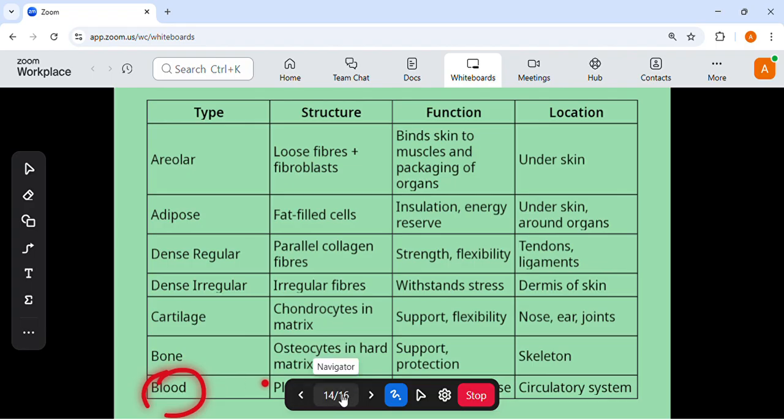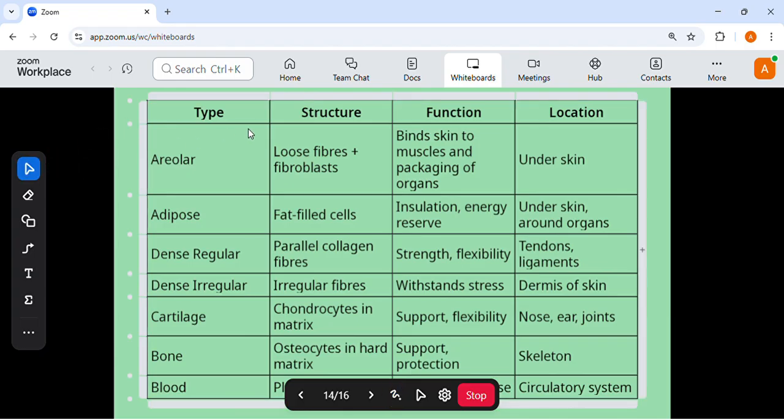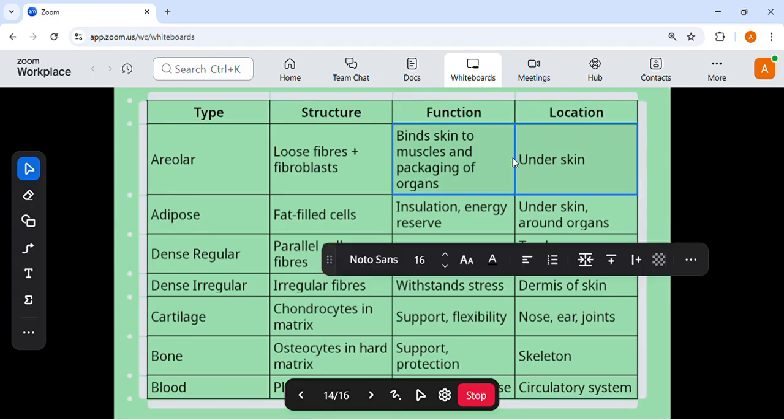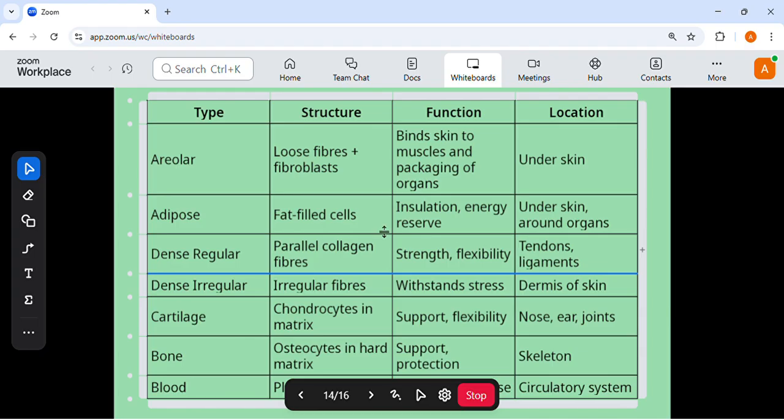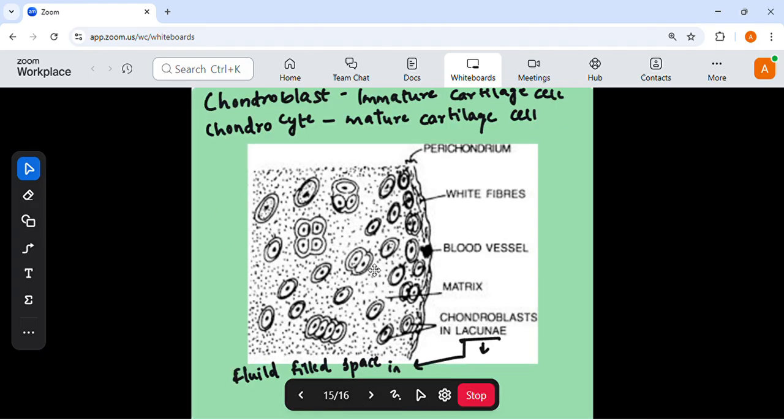Blood: the structure includes plasma, RBC, WBC. The function is transport of oxygen, nutrients, hormones. Location: circulatory system. Obviously, it gets circulated through blood, which is the only one flowing along with the lymphatic fluid. So this was the structure of the cartilage and the bone.